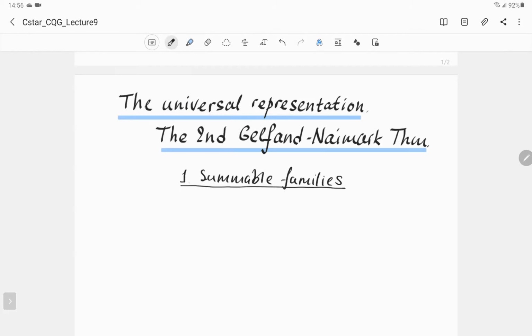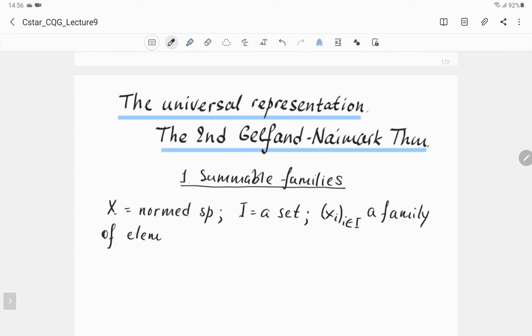So suppose that we have a normed space, say X, an arbitrary set I, and a family x_i of elements in X. So what we're going to do is to give a precise meaning to the following expression.